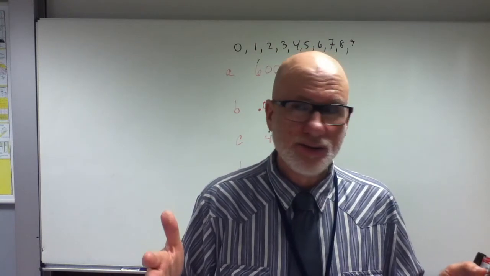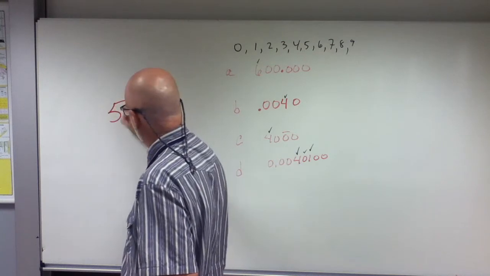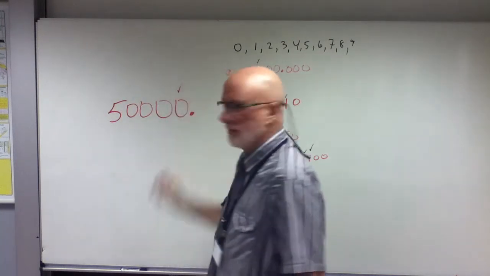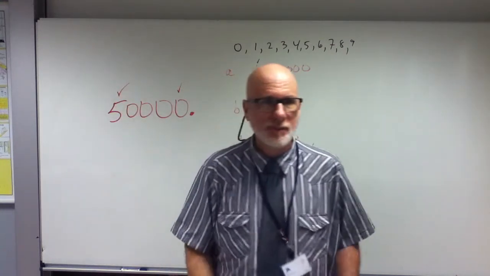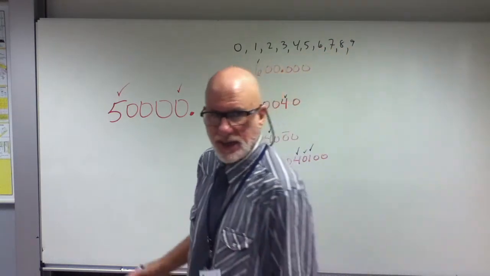Right? So if we have this, remember this? Isn't that significant? Right? Isn't that significant? Yeah. So what would be significant? The sandwiched zeros. I like the way you said that.